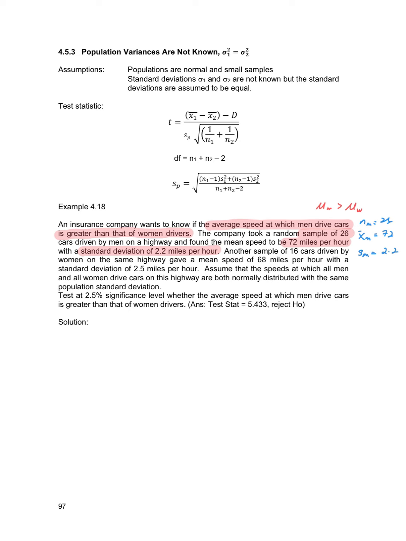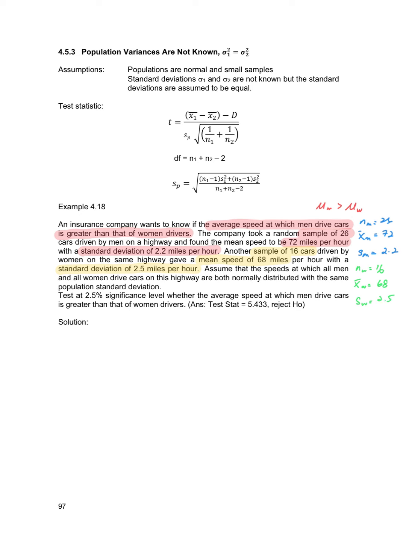Okay, untuk women pula, women, we have a sample of 16, and mean speed of 68 miles per hour and standard deviation 2.5. So dia punya n untuk women equals to 16, x bar untuk women equals to 68, s untuk women equals to 2.5.